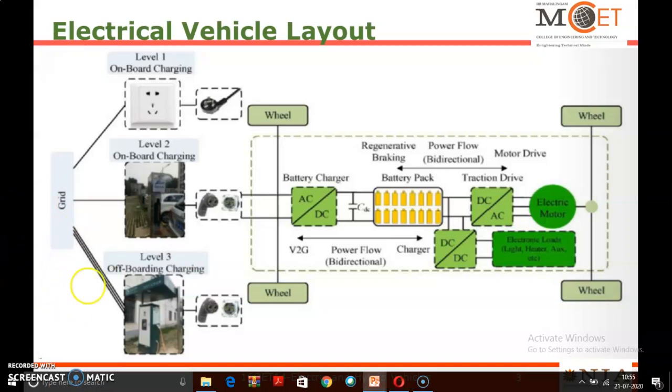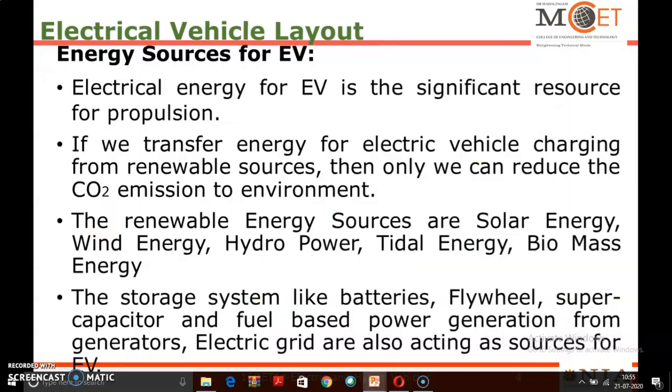So let us see what renewable energy sources will be supportive to this electric vehicle drive system for its mobilization from one place to another. We know that renewable energy sources do not create any pollution to the environment since they depend upon natural resources for the generation of electricity.